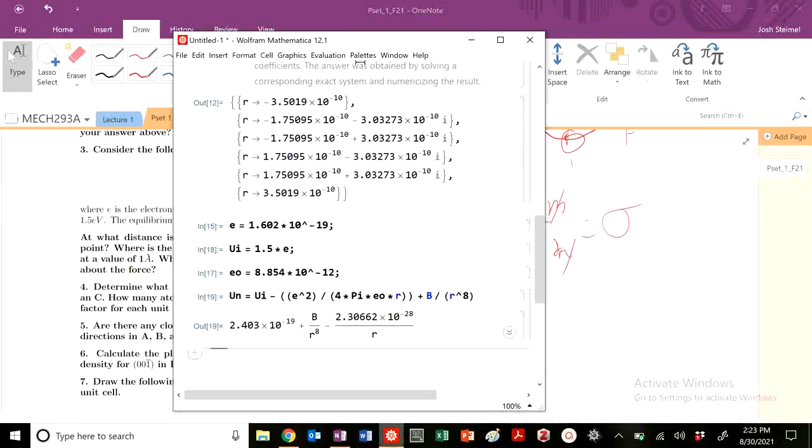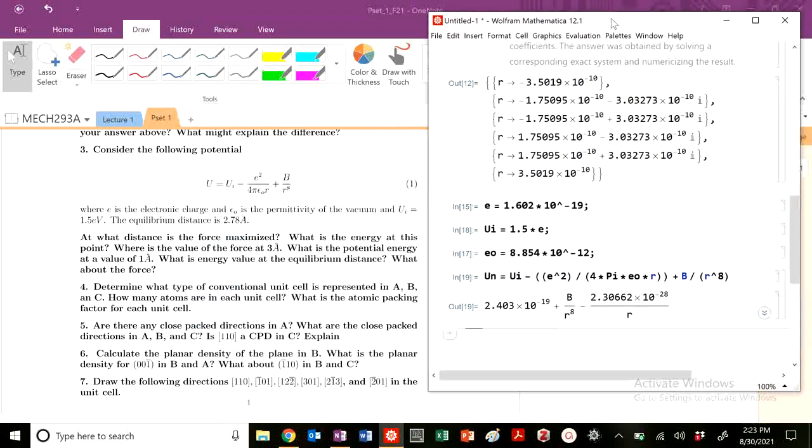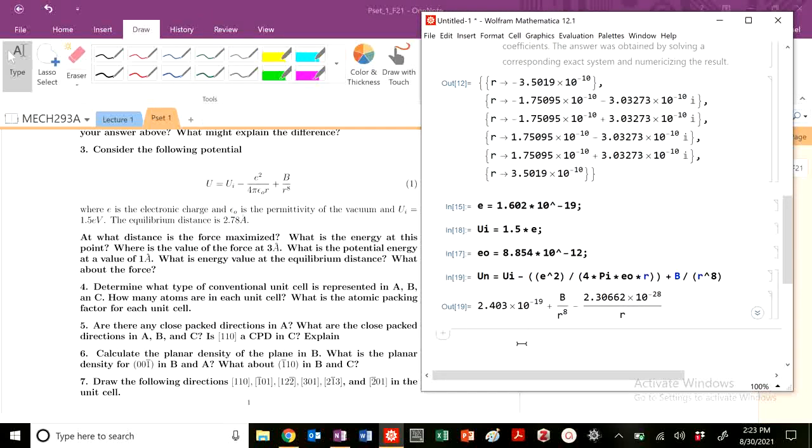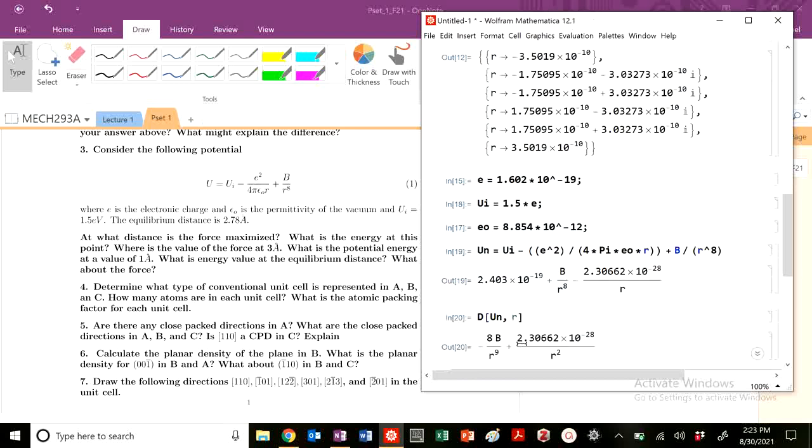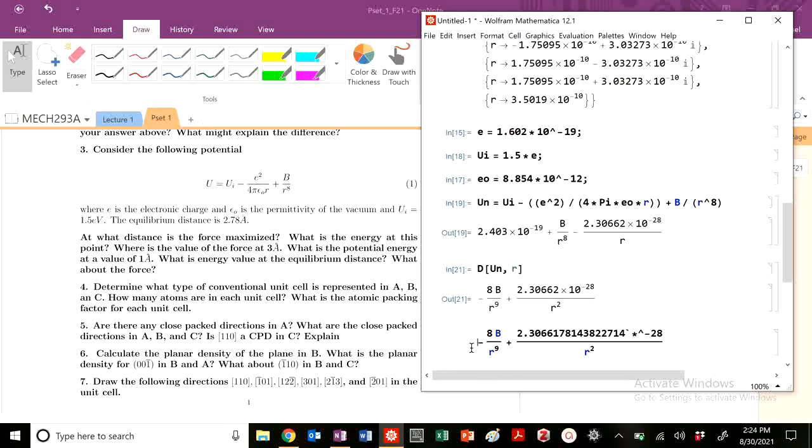Now let's ask, what is the problem actually asking us to do? We're told that the equilibrium distance is 2.78 angstroms. So I know that when I take the derivative of U_n with respect to r and set the equation to 0, I'm going to substitute here.